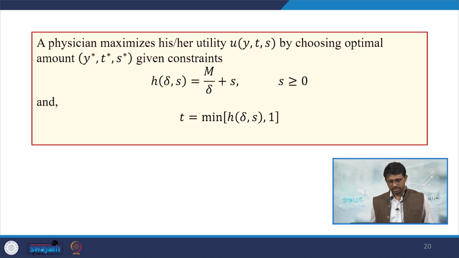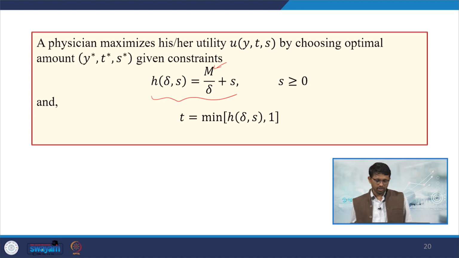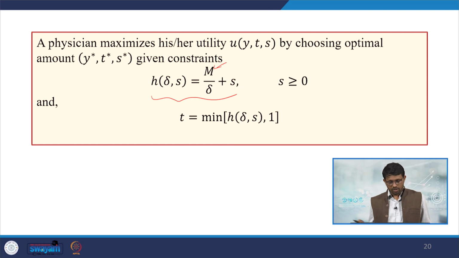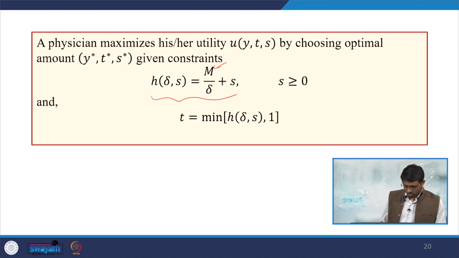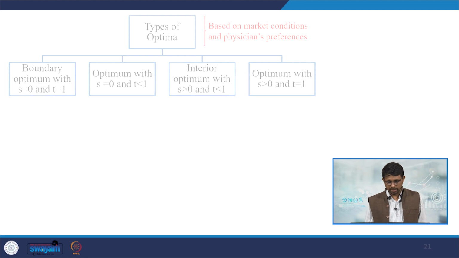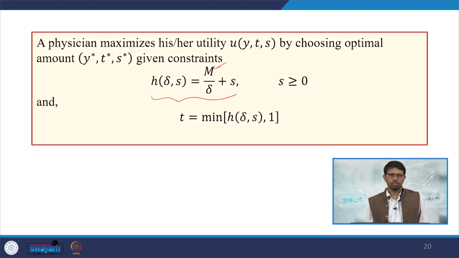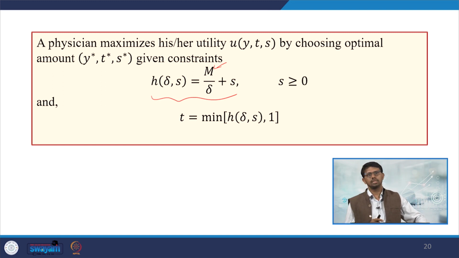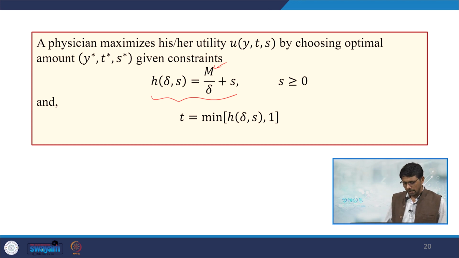We have already clarified in the previous slides that this is the natural healthcare demand function plus the induced demand function, or the extent of this induced demand, subject to the t, which we have already mentioned, that t is a minimum of these two. The maximum is a fraction of t used as 1, and the minimum is h as a function of delta and s.